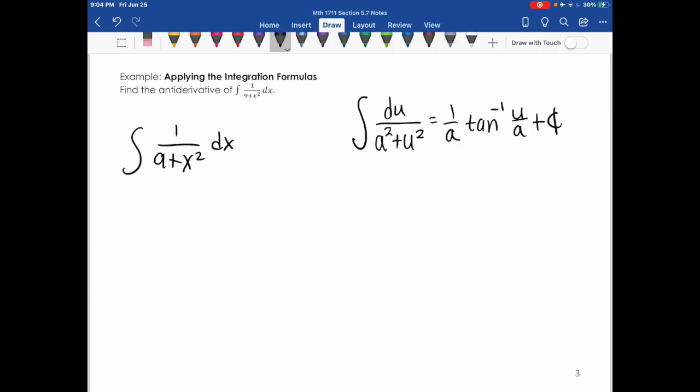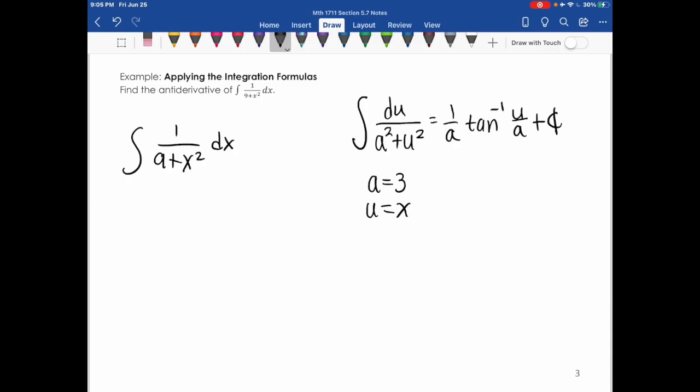So the integrand that we have is 1 over 9 plus x squared dx. If you notice, my a would have to be 3, and my u would have to be x.